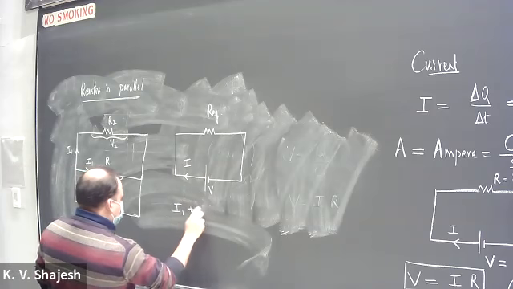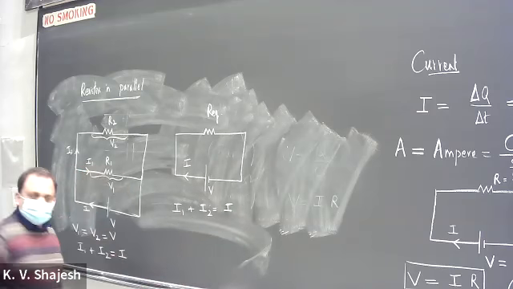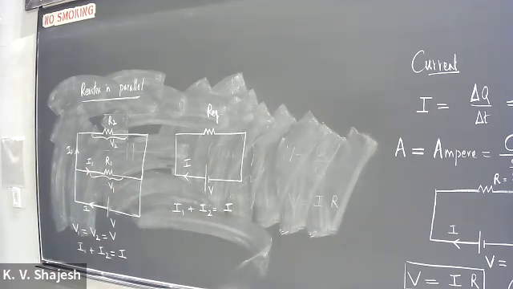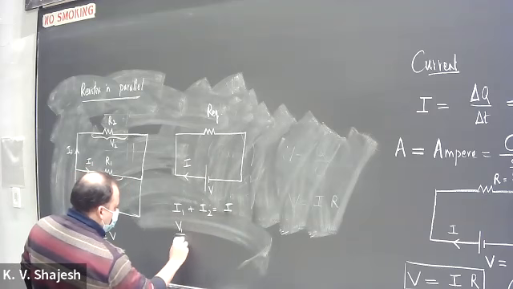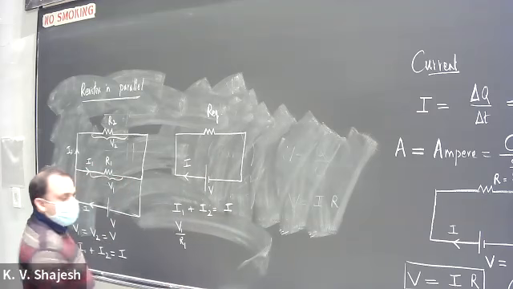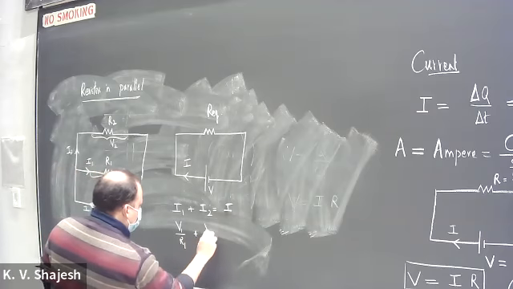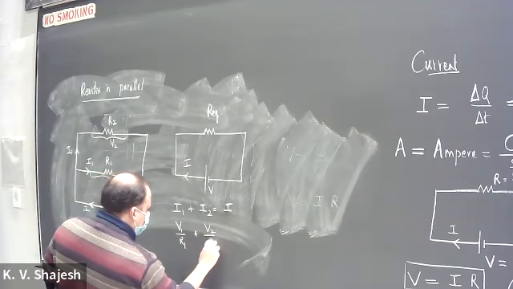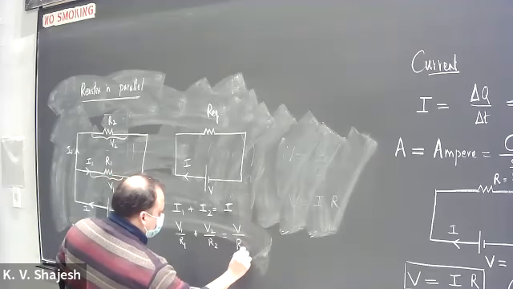That's I1 plus I2 is equal to I. This time, let's again locally replace it with the voltages. So this is V1 over R1. Right? That's your relation for the current I1, plus V2 over R2. That's equal to V over R equivalent.